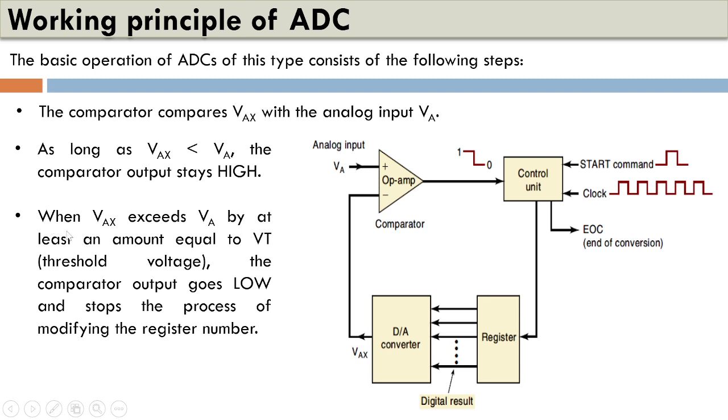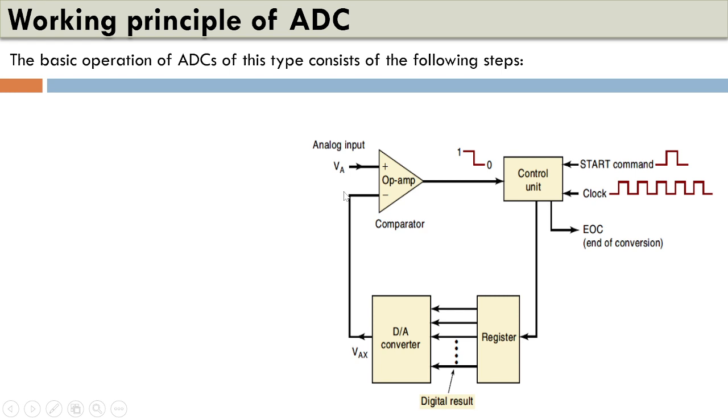So here we can see when VAX exceeds VA by at least an amount equal to VT, that is the threshold voltage, the comparator output will go low and stop the process of modifying the number inside the register. So at this point, VAX, which is the output of the digital to analog converter, is a very close approximation to VA.